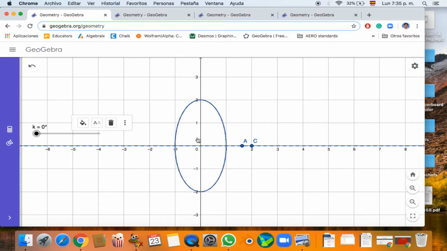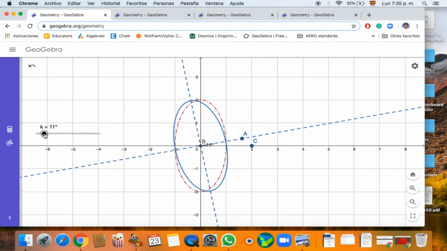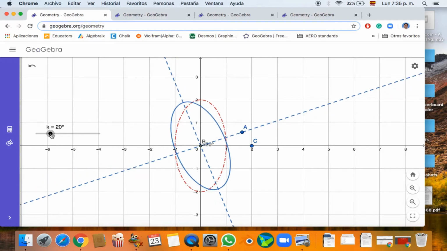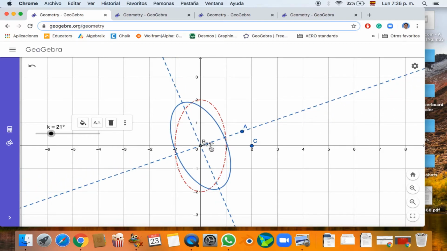They are not rotated, but they could be rotated. See what I'm doing? I'm rotating them by an angle of 21 degrees with respect to the original position. And if the axes rotate, the figure also rotates. So you end up with this blue ellipse. It's the same one, but it's just rotated.